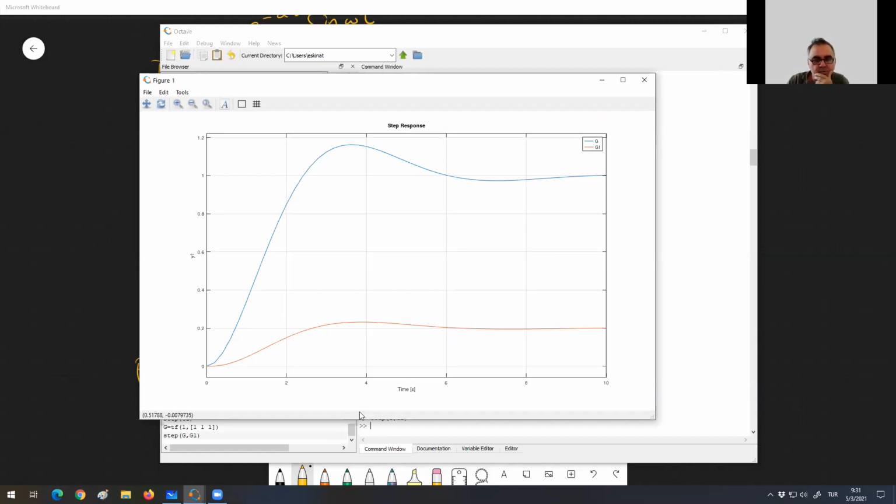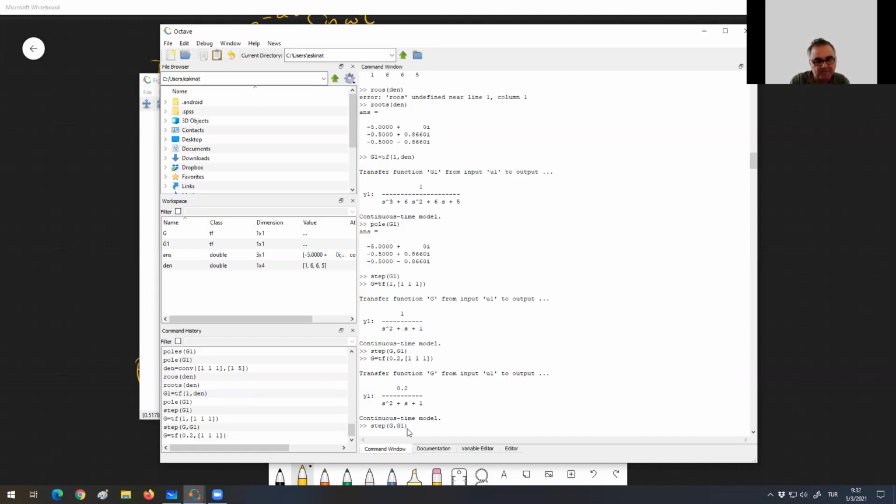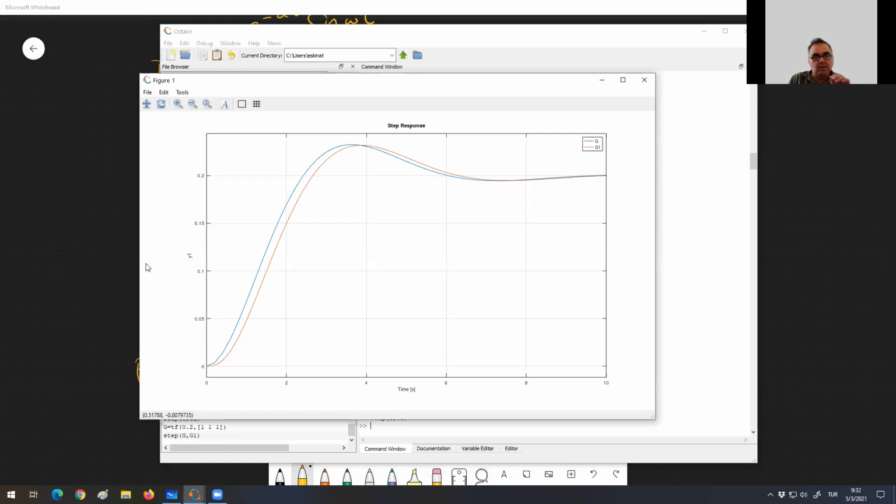What is wrong here? The steady state gain is wrong. What I should do is, okay.